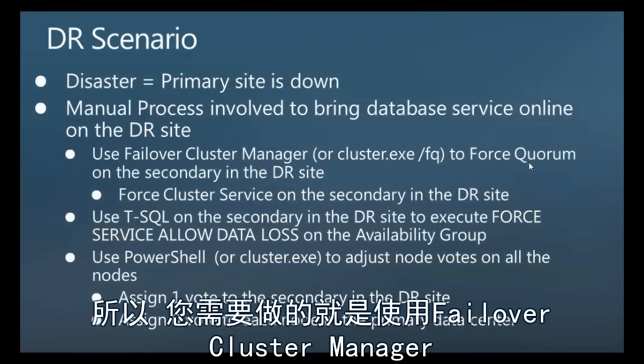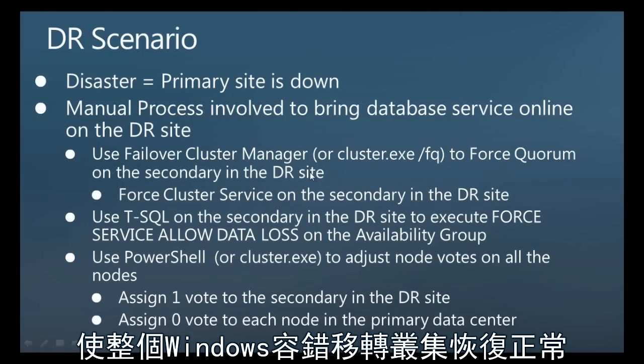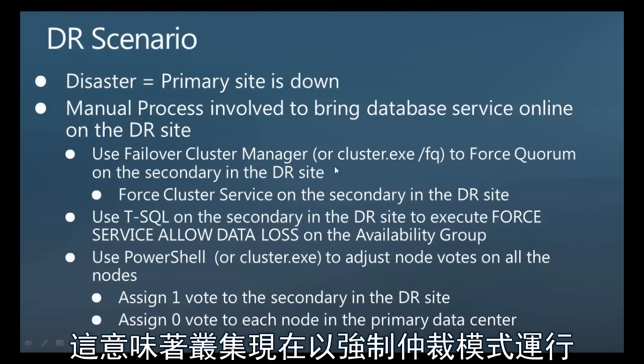So what you need to do is use Failover Cluster Manager or cluster.exe to force quorum in the secondary in the DR side to bring the whole Windows failover cluster up. You can use -fq with the command line to bring this cluster online, which means the cluster is now running in forced quorum mode.